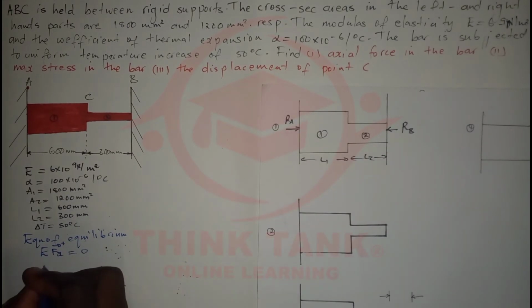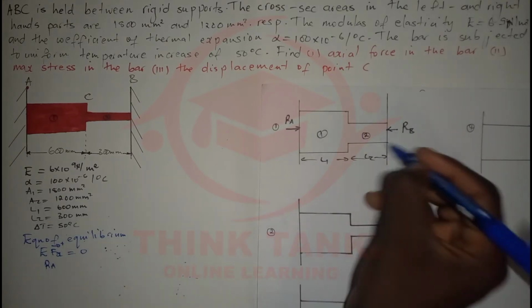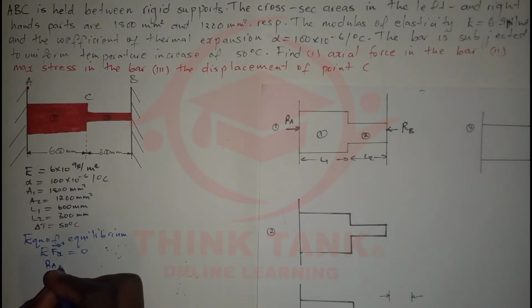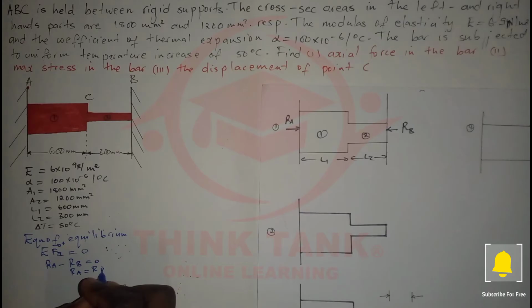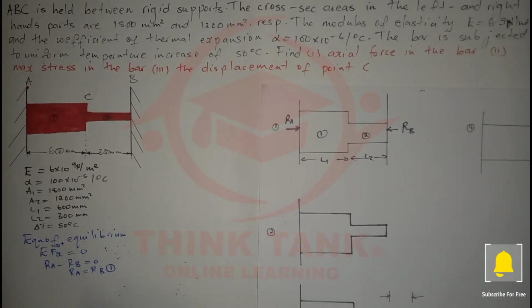So we have RA minus RB equals 0, meaning RA equals RB, and I'm going to call this equation 1. But the problem with this equation is that we have 2 unknowns and only 1 equation, so this is a 1-degree statically indeterminate problem.